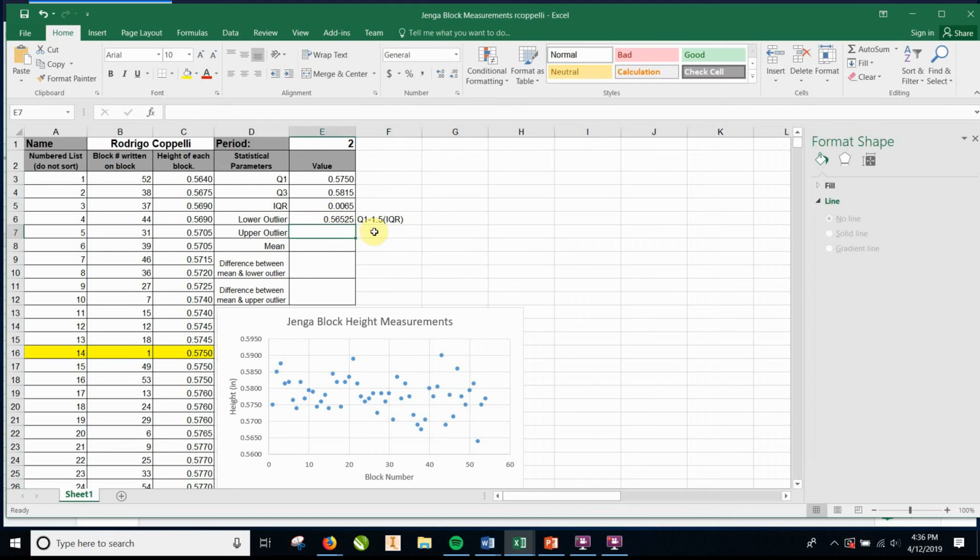Okay, upper outlier. Upper outlier is Q3 plus 1.5 times IQR. So again, let's use formulas for this. I'm going to put equals. It's going to be my third quartile plus 1.5 times, with the asterisk for multiplication, IQR.